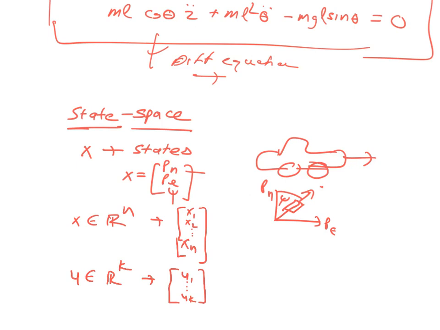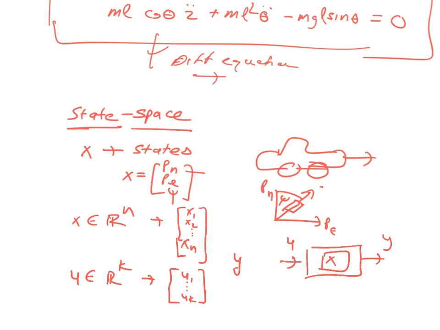And the third thing is Y, which is the output of the system. So this is U, this is Y, and there are states inside it, the internal states X of the system. Those are the three things needed to define a state space model of a system.